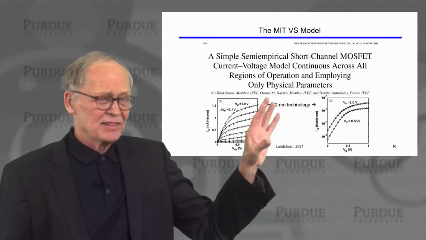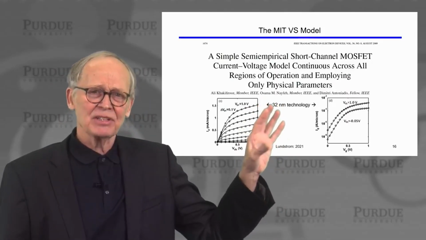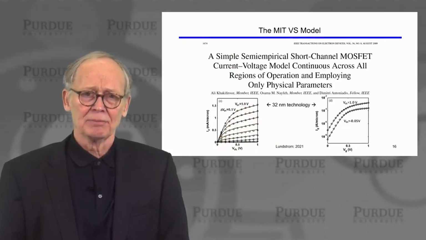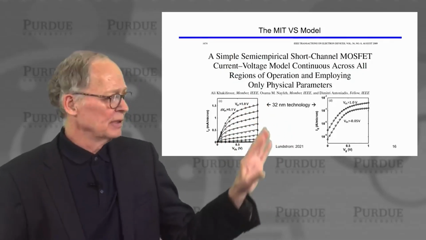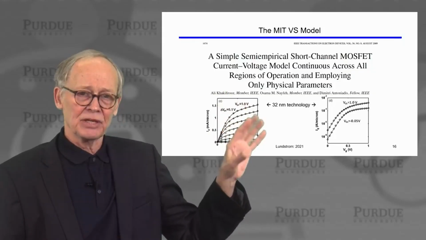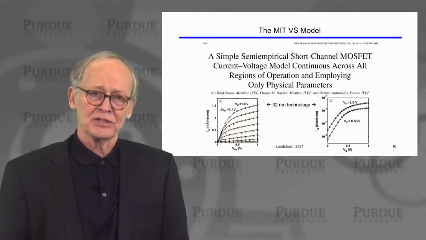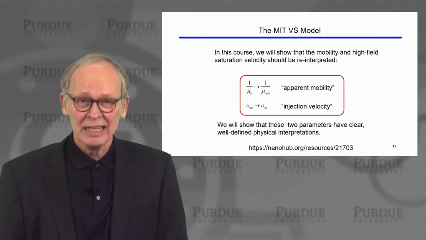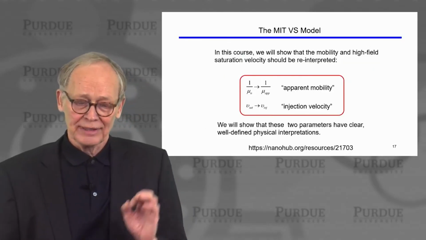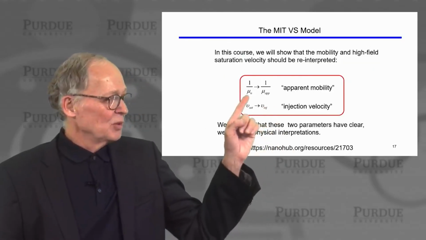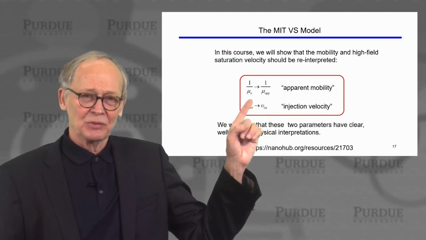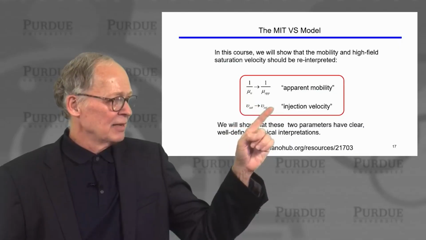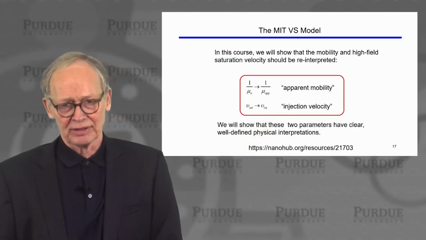Well, as I mentioned, this model actually does a very good job of representing modern-day transistors. We can get excellent fits to measured IV characteristics just by adjusting a few of these simple, highly physical parameters. We only have to do two things. We have to replace the actual mobility, a familiar concept, by something called the apparent mobility.